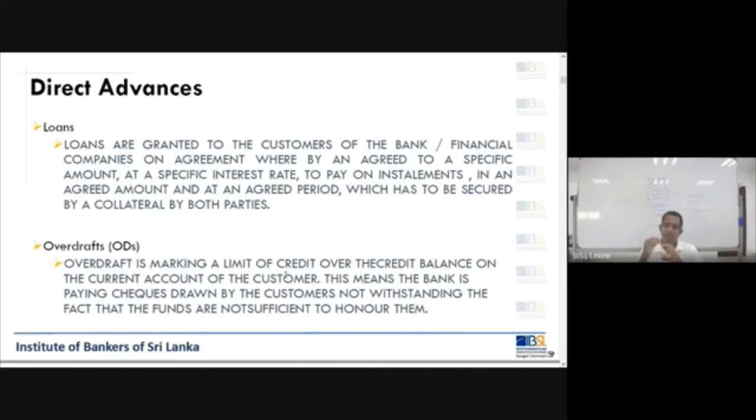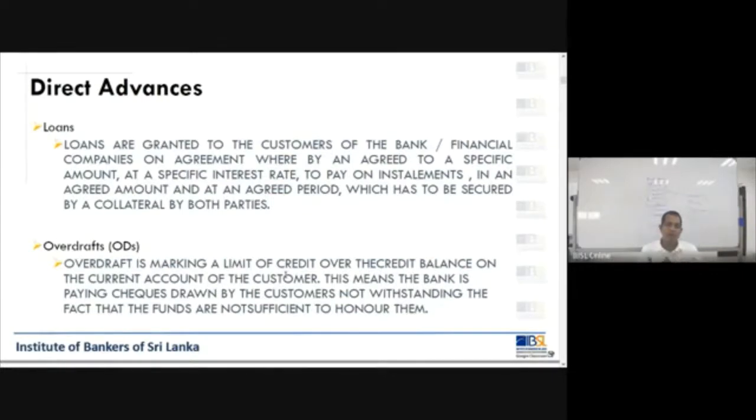So the customer will be in a position to write checks for the entire 200,000. This overdraft is a limit marked for a specific period. It can be 3 months, 1 month, or 1 year, right? At the end of the period, you have to review.